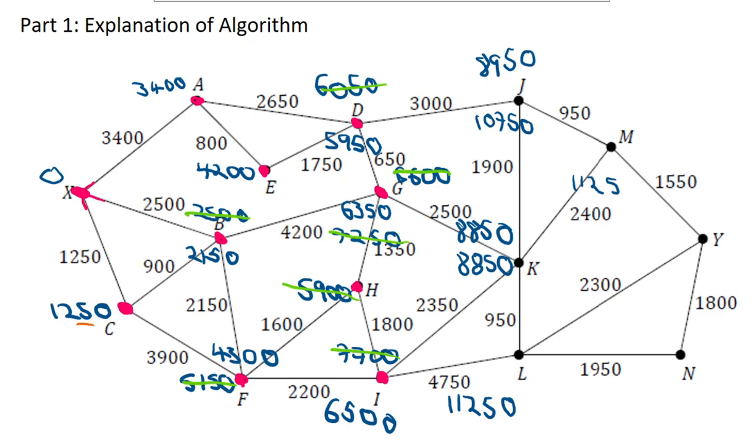Let's see, from K, G to K, 250. And then down to L is 10700.